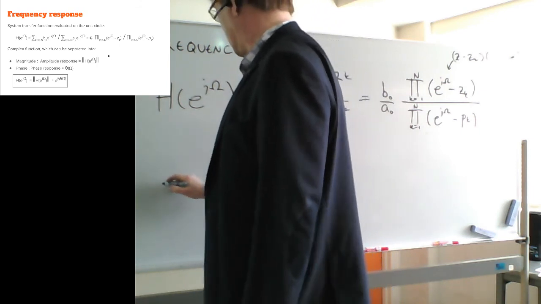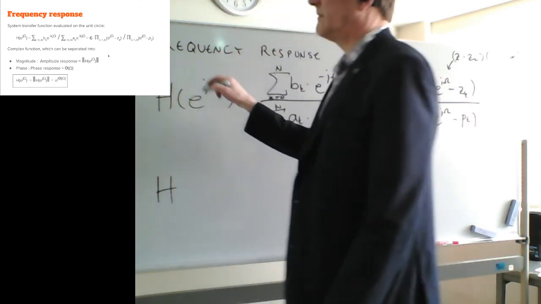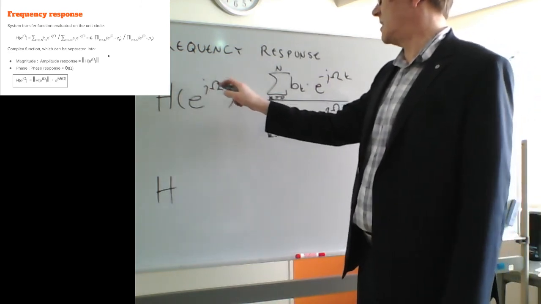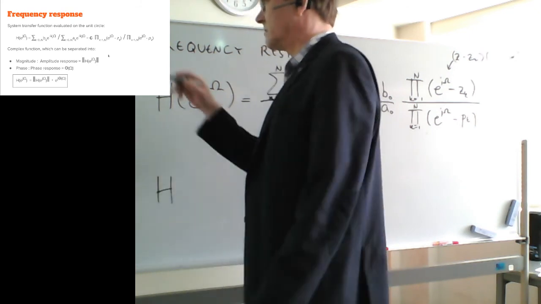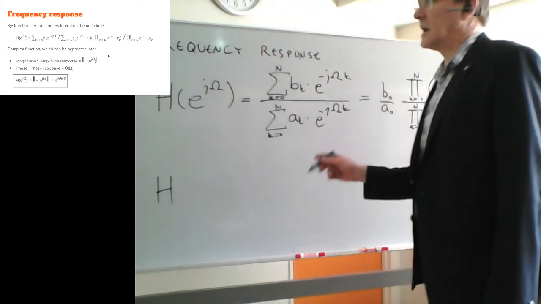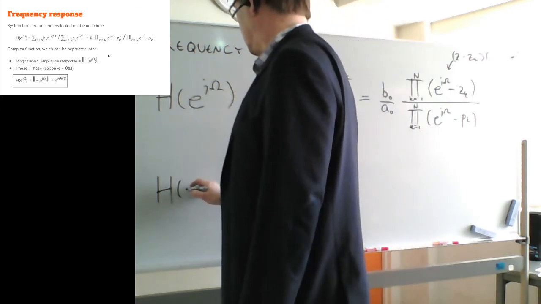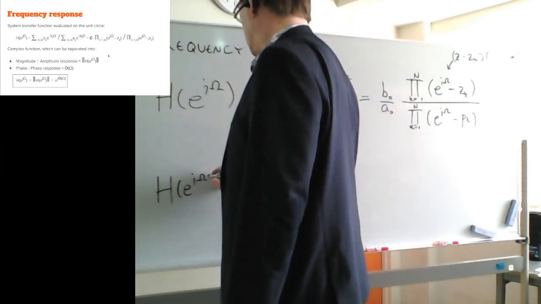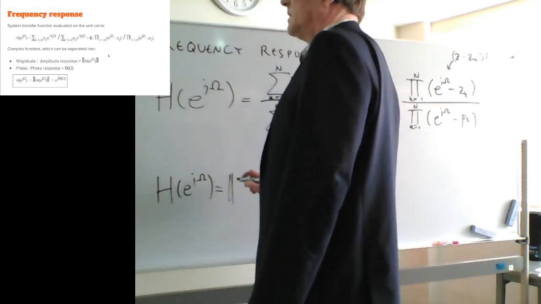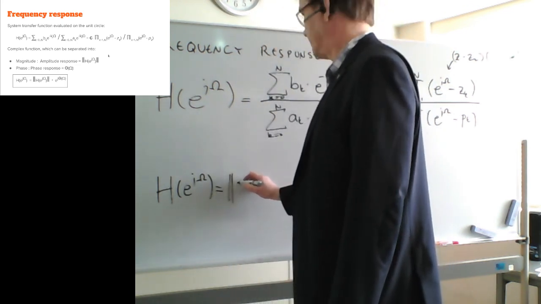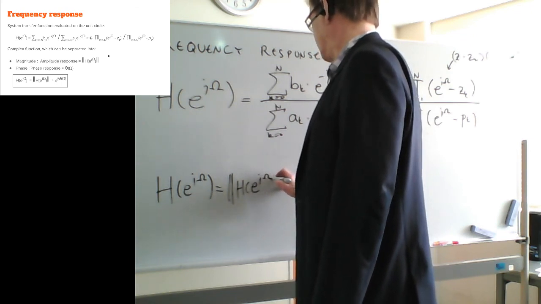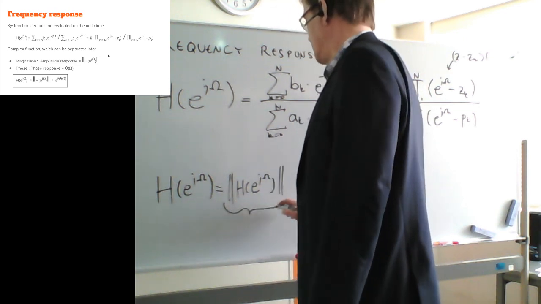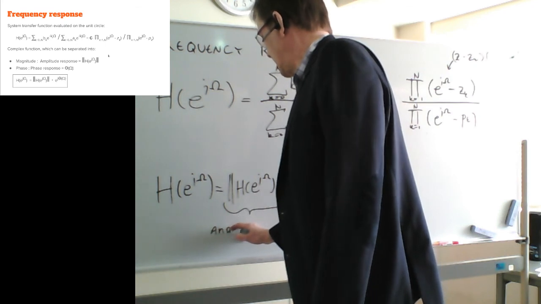Since this is a complex number, you have e to the j omega here. If you use Euler's formula, you can divide it into real and imaginary parts, or you can divide it into two parts, one being the magnitude, simply the absolute value. That's the amplitude response or magnitude response.